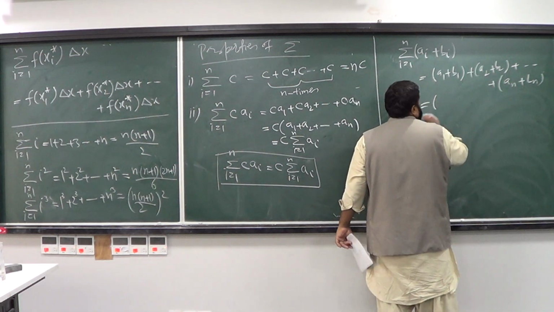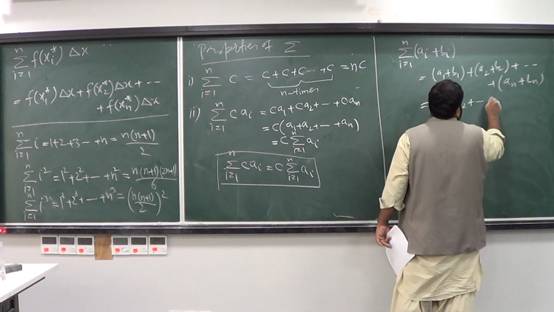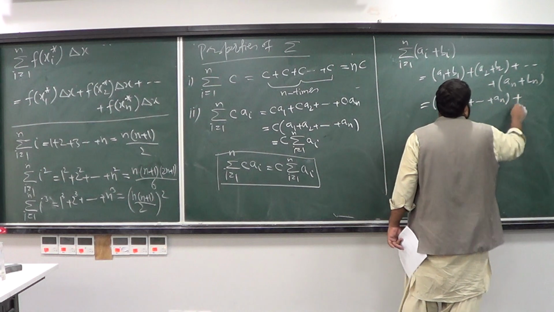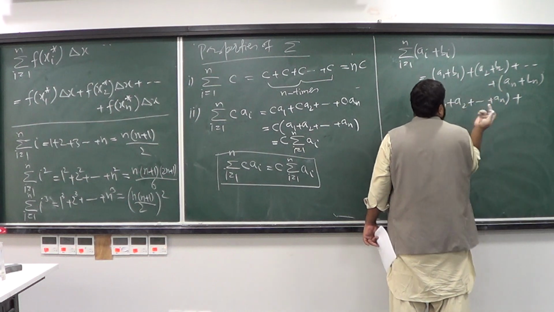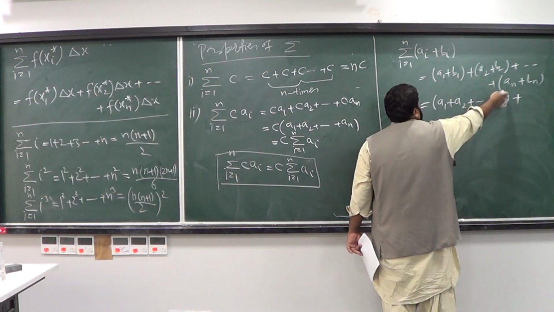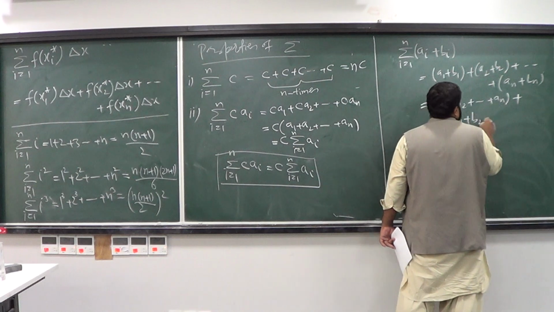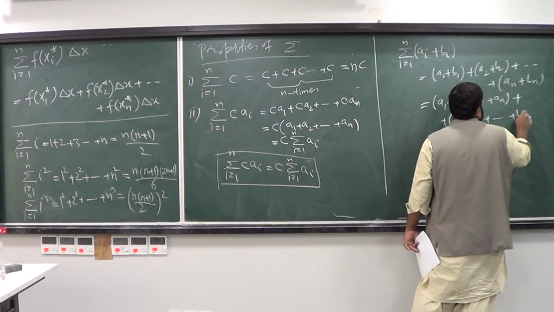By the associative law, this is going to be a1 plus a2 plus up to an, plus, putting all the a's together, there's nothing wrong in it, b1 plus b2 plus up to bn. Just adding them together is not going to change the sum.